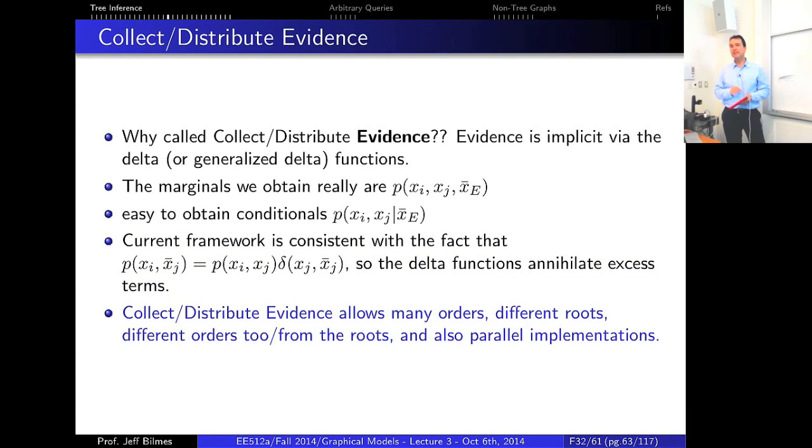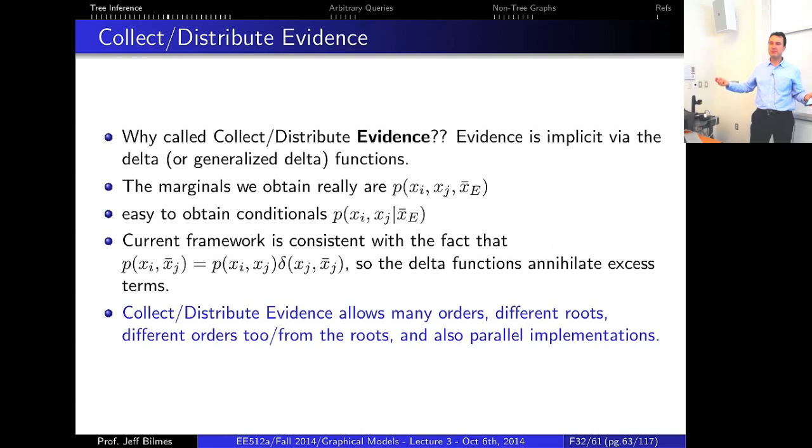And so the notion of collect and distribute evidence is really that. You're collecting evidence from wherever it happens to come from, wherever these delta functions have been added to the factorization. And once you collect it, you distribute the evidence.